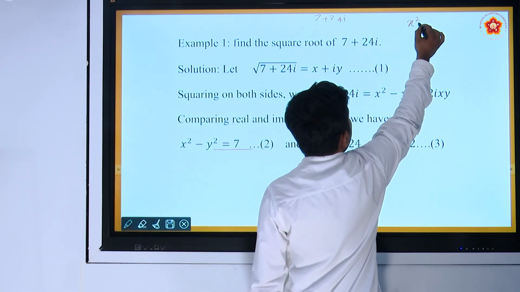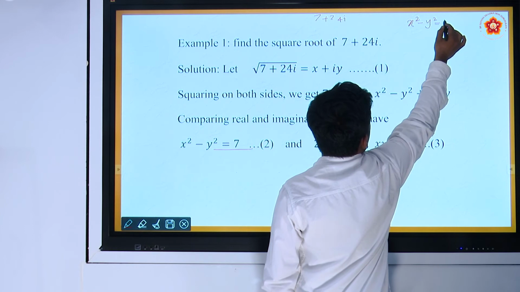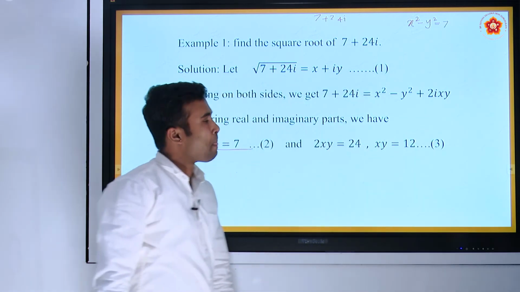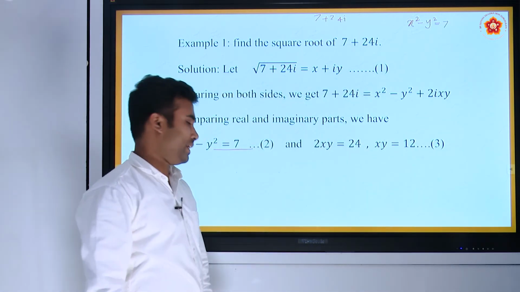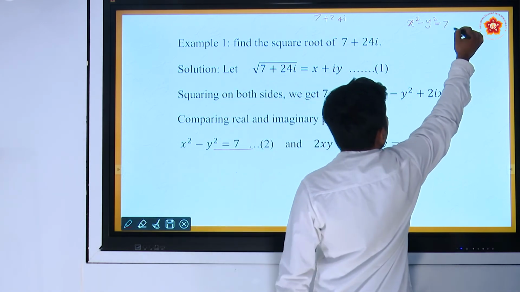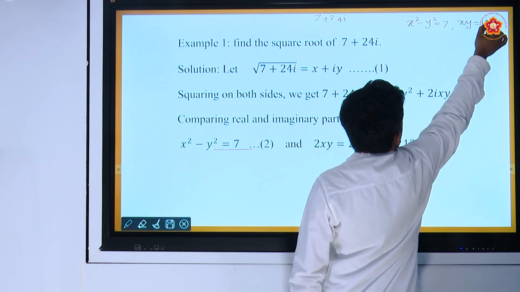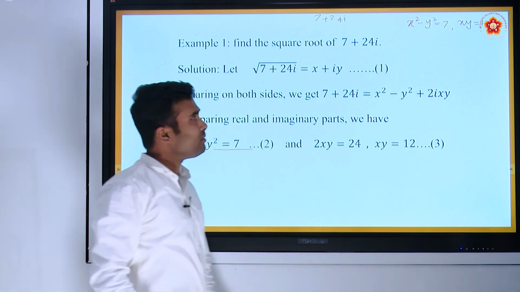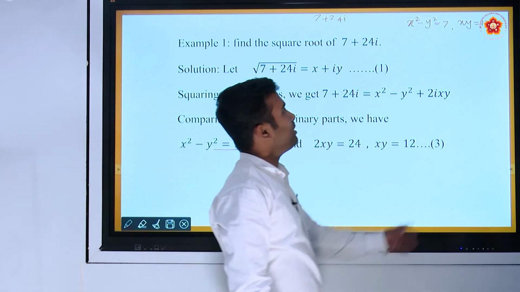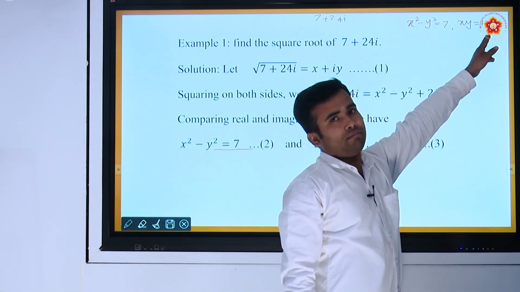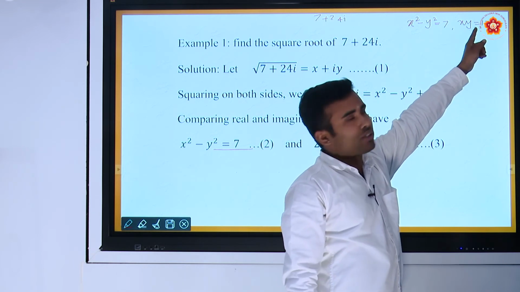This is equation 2. And another equation is xy is equal to 12, which is positive. The product is 12. That is a positive one.